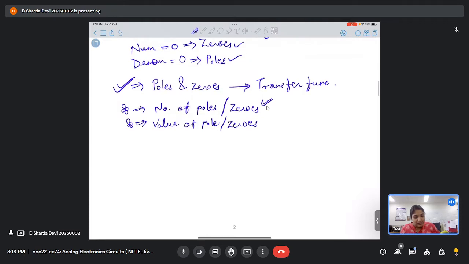So let's say with this, okay, so what type of configuration is this? What is the configuration of this particular circuit?